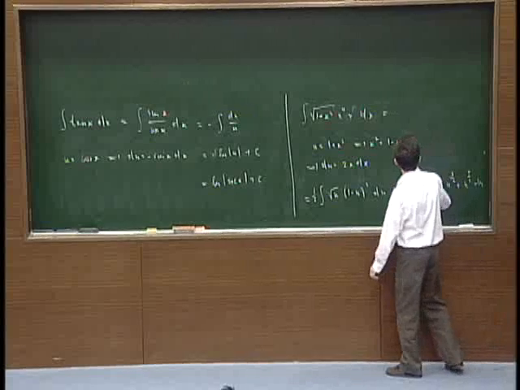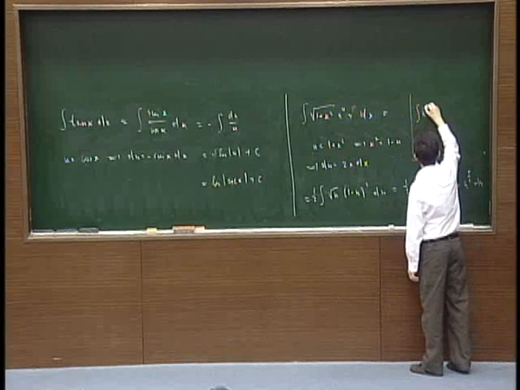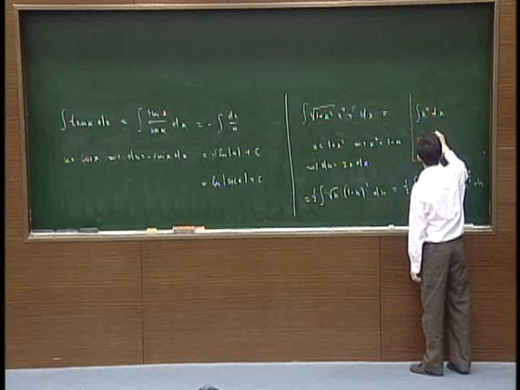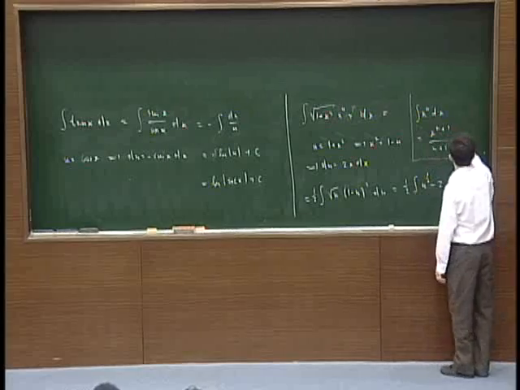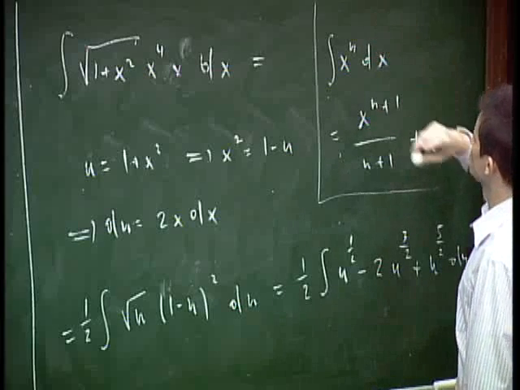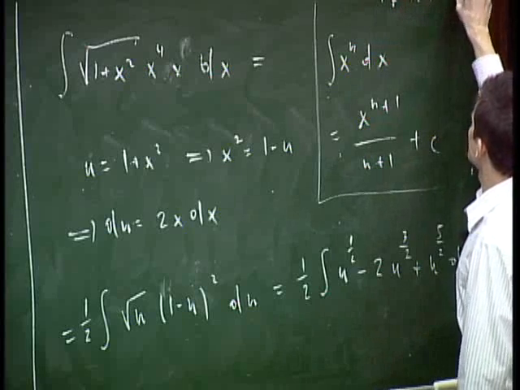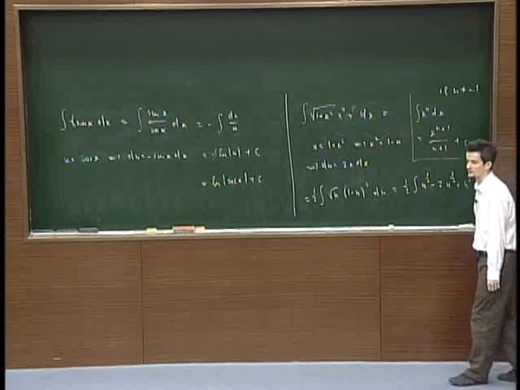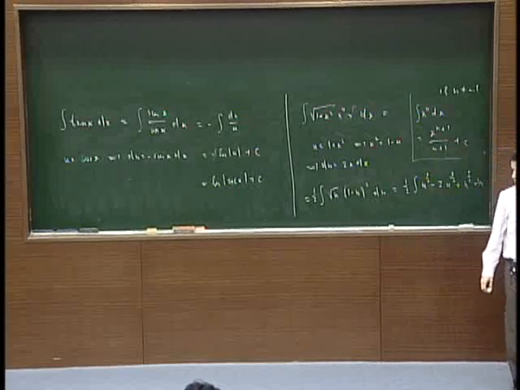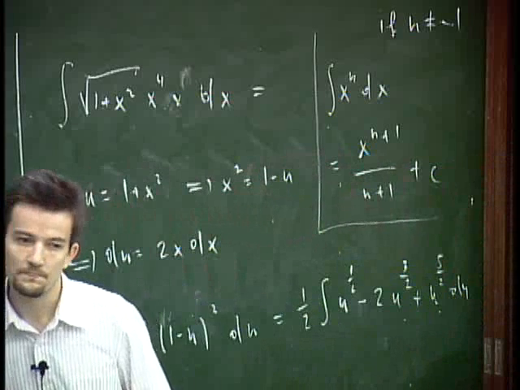And you just use the rule that the integral of x to the n dx is equal to x to the n plus 1 over n plus 1 plus a constant. This is only true if n is not equal to minus 1. Minus 1 is the only troublemaker in this formula. You apply this for every part, and you get the result.